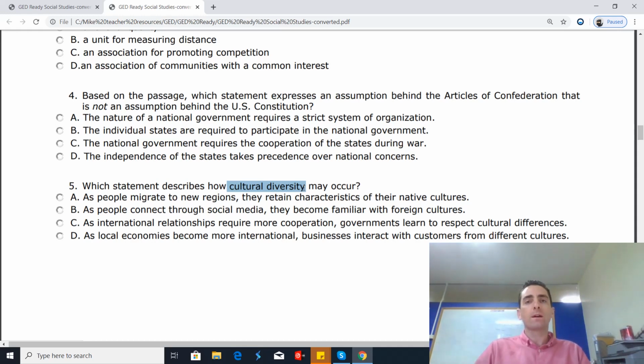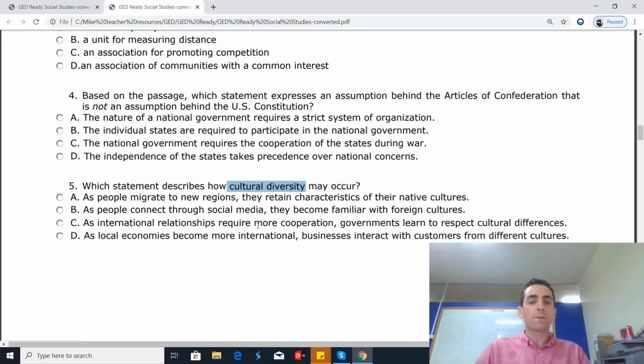So instead of having a monoculture within a country in which one culture dominates, you would have multiple cultures within that state, that area, and they would coexist together and they'd be very different from each other. Okay, so let's see if we can get anything like that with these answers.